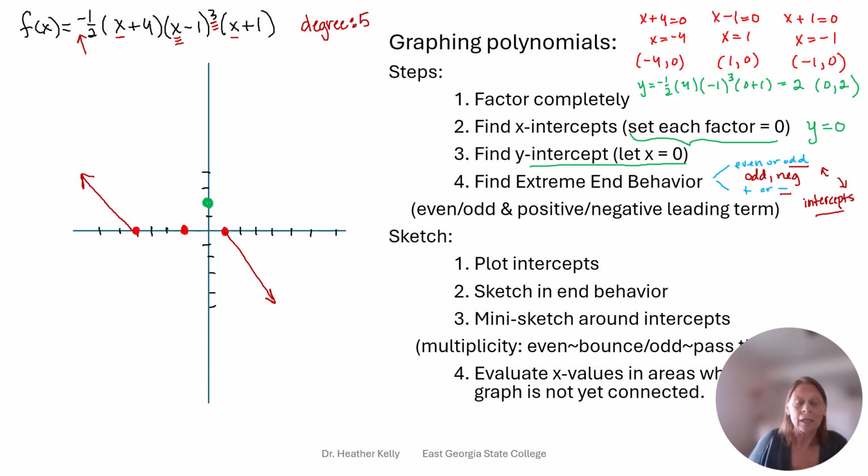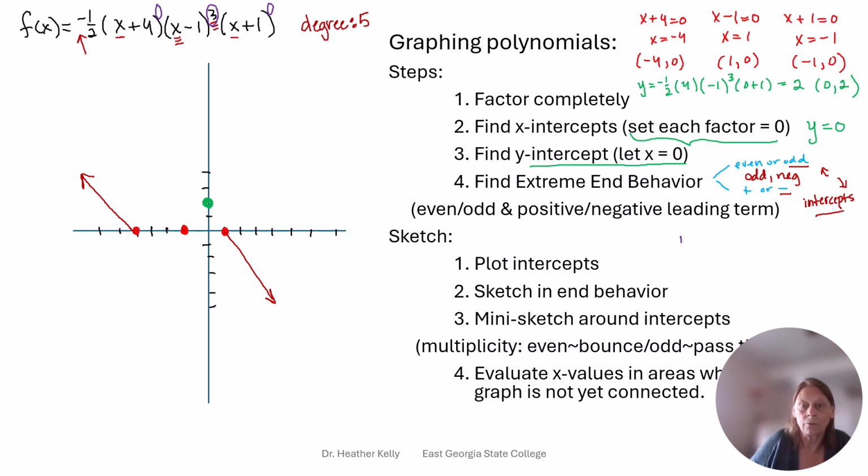Okay. Now, we have plotted our intercepts, and we've sketched in our end behavior. Now we need to do a little mini sketch around the intercepts. Now here's something that I hadn't talked about yet, but I'm going to now. So notice up here, these are the powers on the factors.